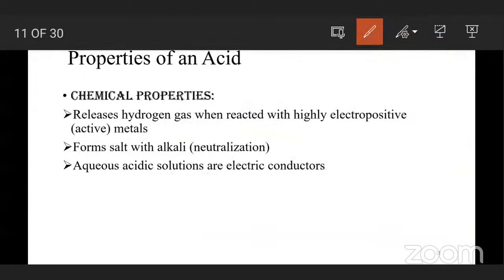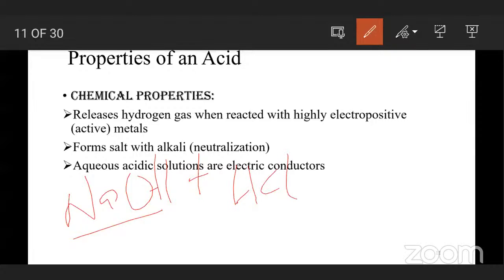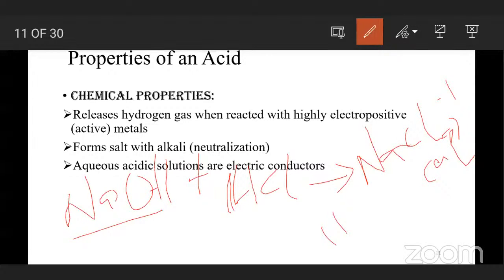If that soluble base, for instance, sodium hydroxide, reacts with HCl again as an example, hydrochloric acid, what you will observe is that you will form sodium chloride, which is the normal table salt we use at home. Though for this reaction, you may not actually try to get the sodium chloride. So you may have the sodium chloride in the solution and water molecules.